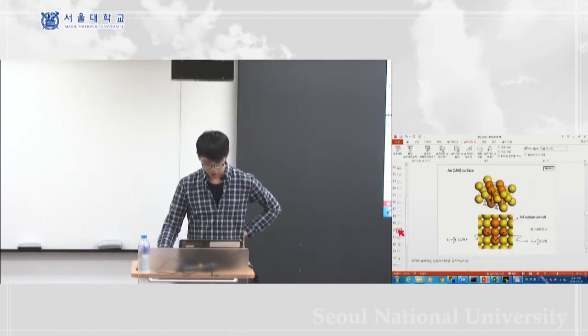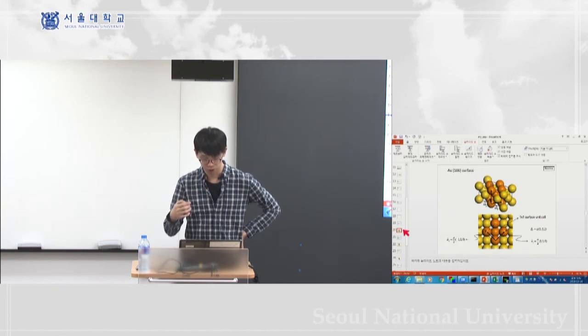This is because, as you learned from the previous lecture, the lattice vector direction is changed with this slab structure.